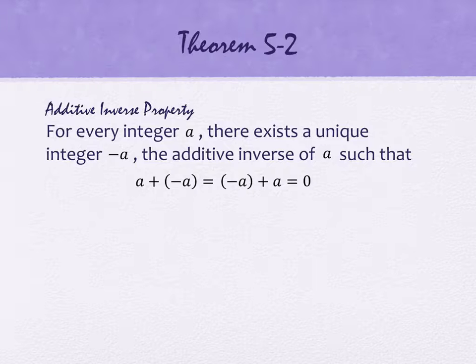This is the inverse property. For every integer A, there exists a unique integer -A. It's called the additive inverse, such that A plus -A, or -A plus A, is equal to the identity 0. Why did we not have this before?